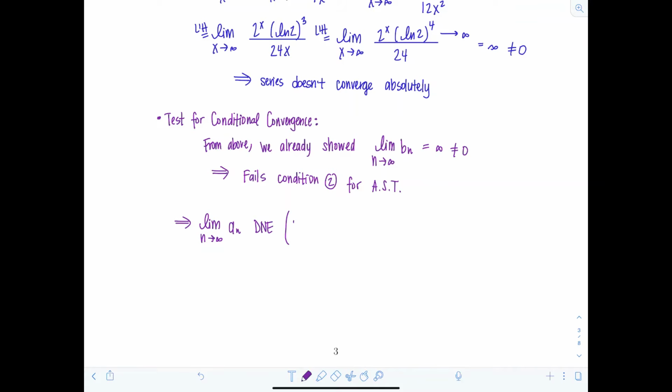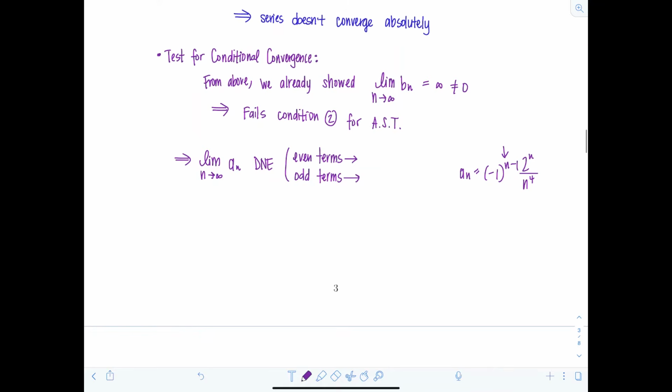And as we've discussed before, this is because the even terms approach one limit and the odd terms approach a different limit. Now notice our original a sub n was -1 to the n minus 1 times 2 to the n over n to the fourth. So the even terms are going to have -1 raised to an odd power. So the even terms are going to be the ones that approach negative infinity, and the odd terms are going to be the ones that approach positive infinity.